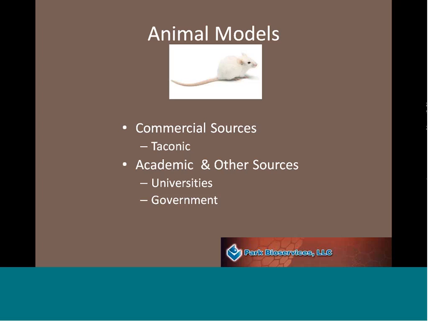So that is it for animal models. So basically, if you can find them from those. In terms of academic sources, what I'm talking about in the government is North Carolina State, which has limited availability of some models.